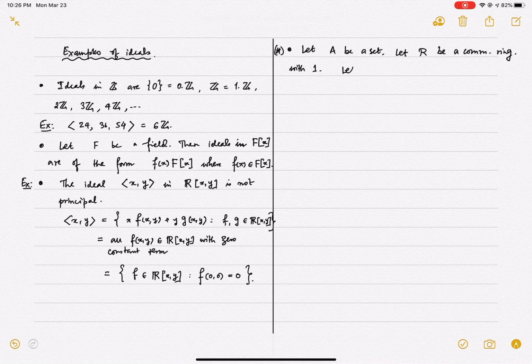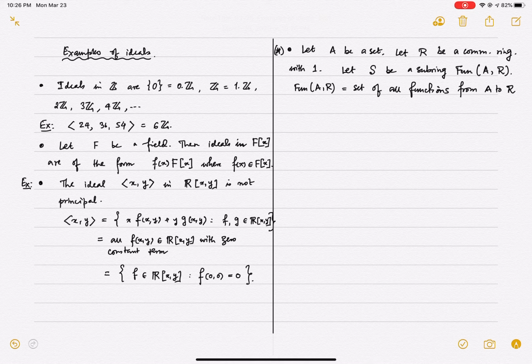And let S be a subring of this function ring, functions from A to R. Remember, Fun(A, R) means the set of all functions from A to R, and this forms a ring under pointwise addition and multiplication of functions.